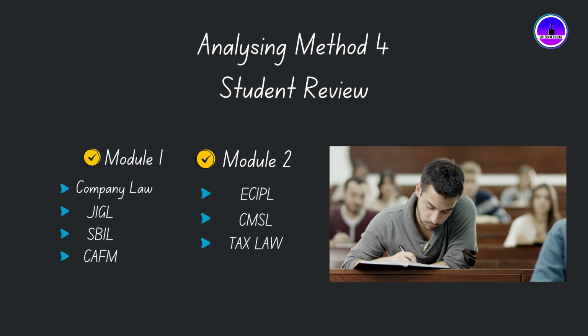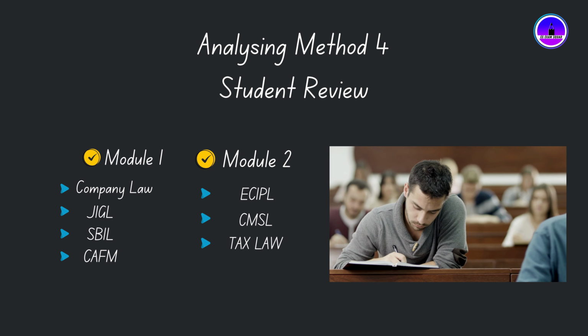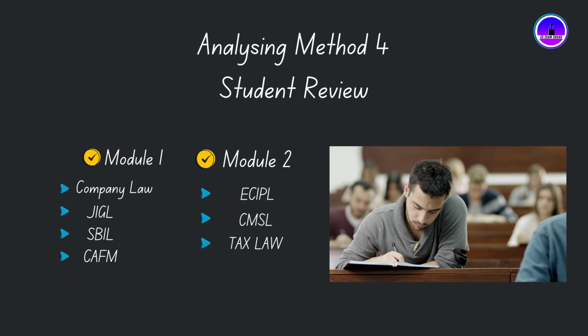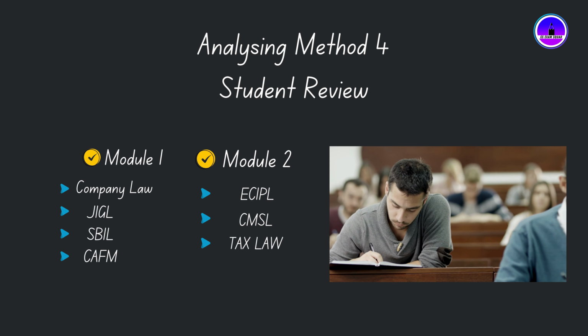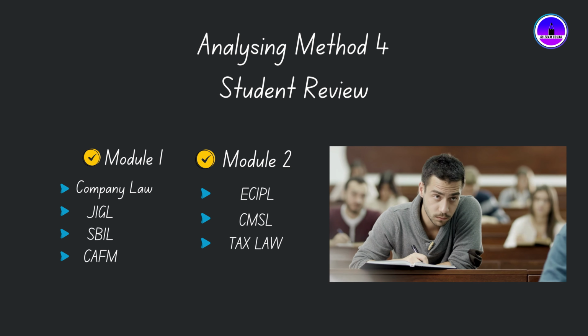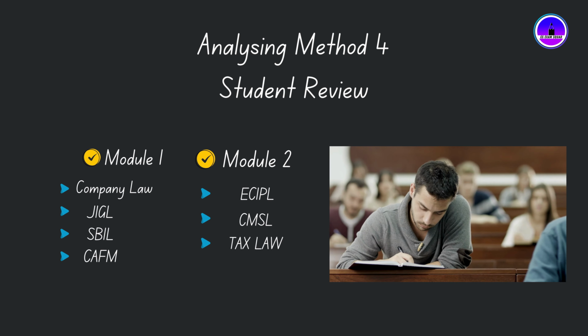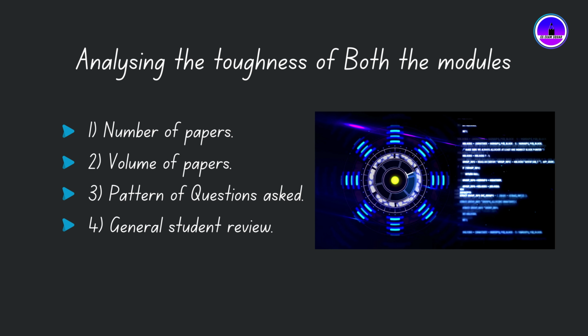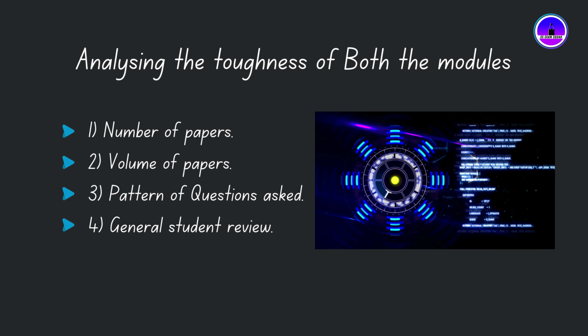So in module 2, the subjects are to be memorized more, and just understanding won't do. In module 2 you have to memorize the content a lot, because procedural aspects, rules and regulations are there, which are to be memorized more. So these are the 4 types of distinction we can make while answering which module is easier in CS Executive.